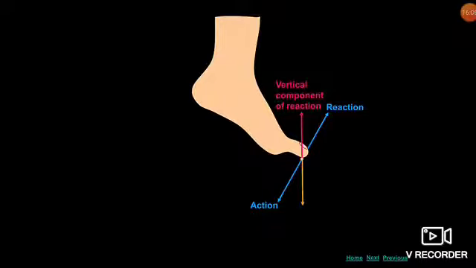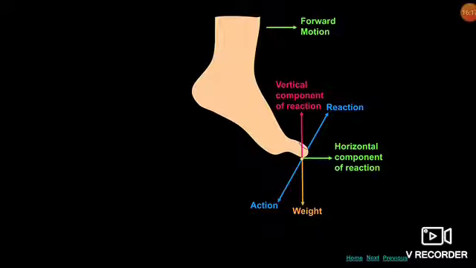Similarly, the weight of the body is acting in the downward direction, and the reaction provided by the surface on which the foot is placed is the reaction to it. Similarly, if the action is acting in this direction, the reaction will be in the opposite direction. Now the vertical component of reaction balances the weight, and the horizontal component of reaction gives forward motion.